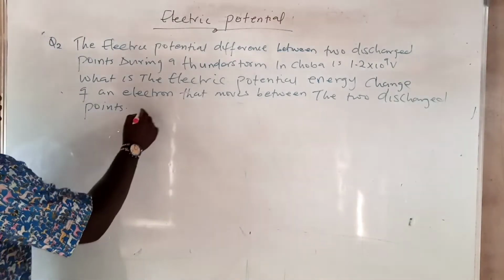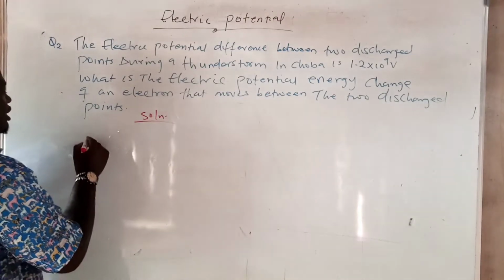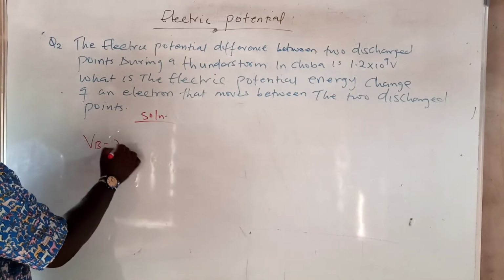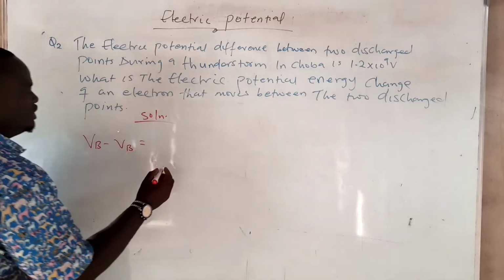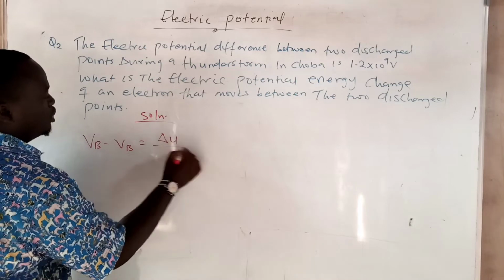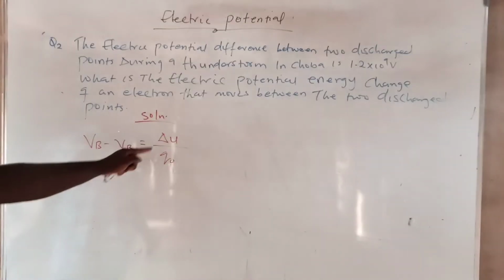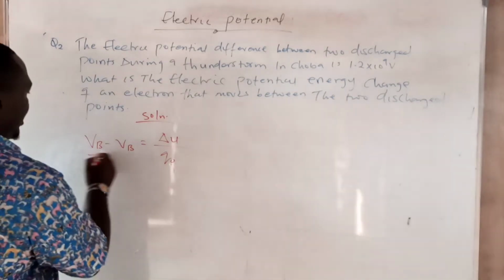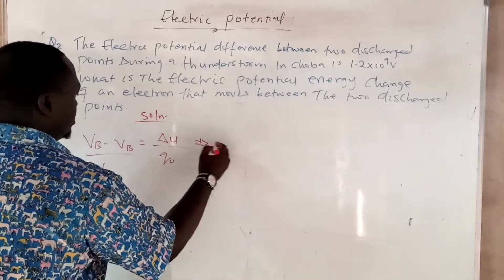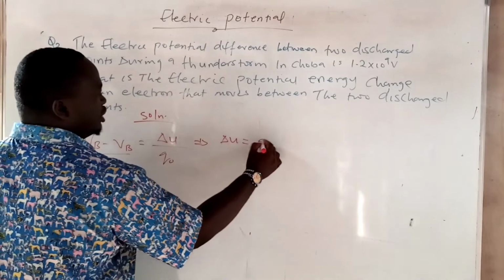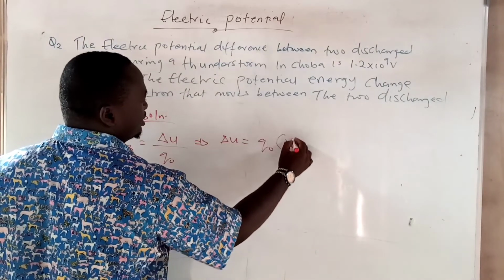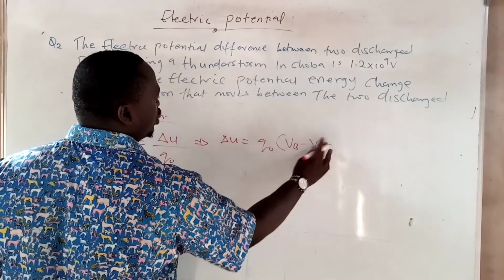The electric potential between 2 points is change in U over Q0. What they want us to calculate is the change in U. By cross multiplication, the change in U is Q0 times the electric potential between 2 points.